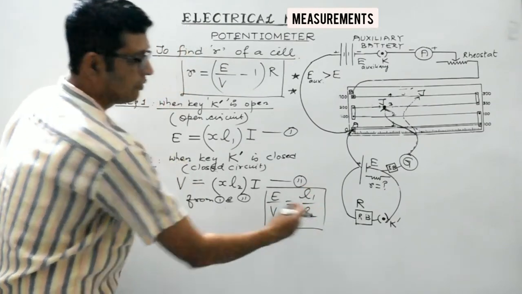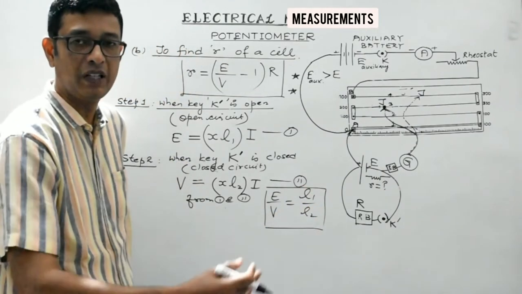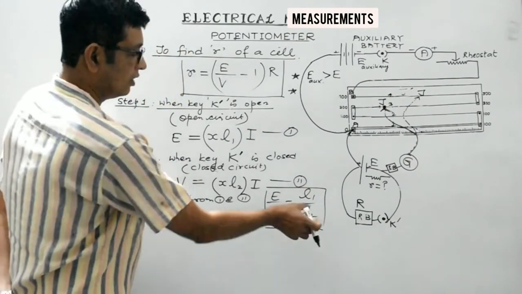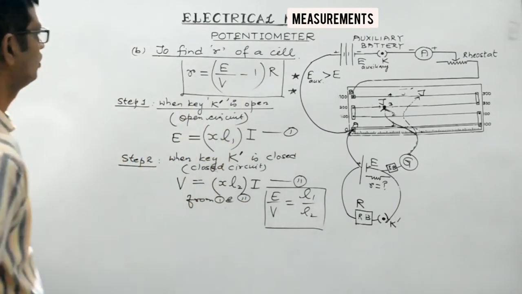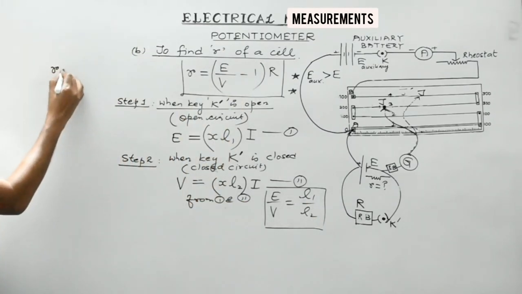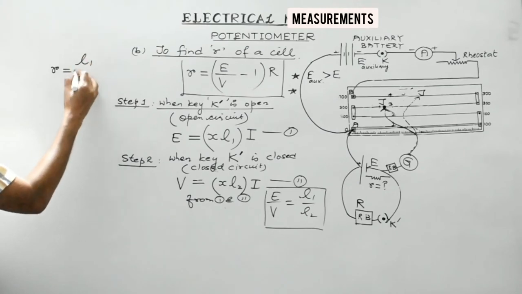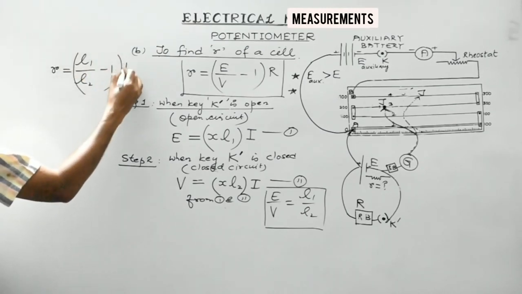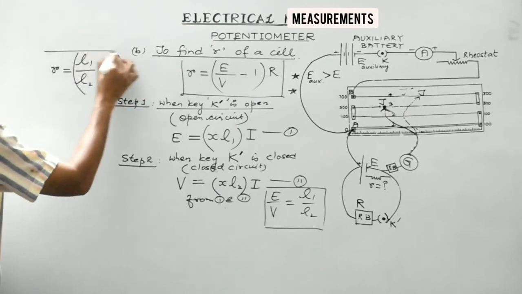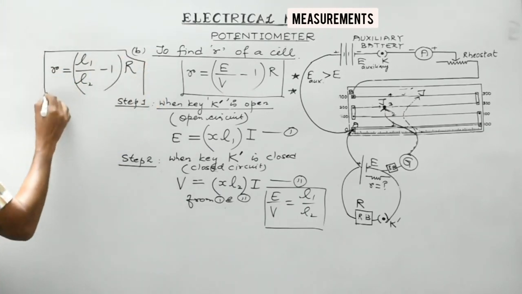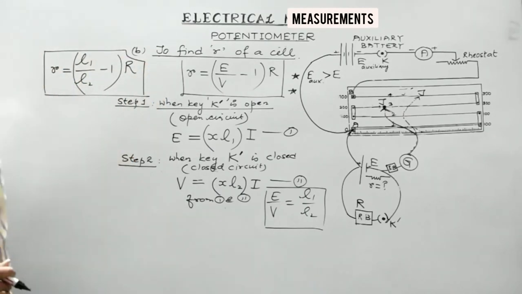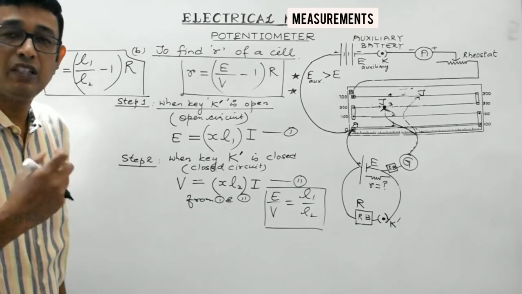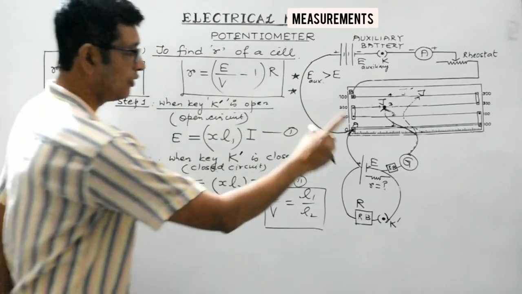L1 and L2 can be experimentally determined. Now substitute these values over here. So what you get is r is equal to (L1 by L2 minus 1) multiplied by capital R. This is the working formula to determine the internal resistance of a given cell.